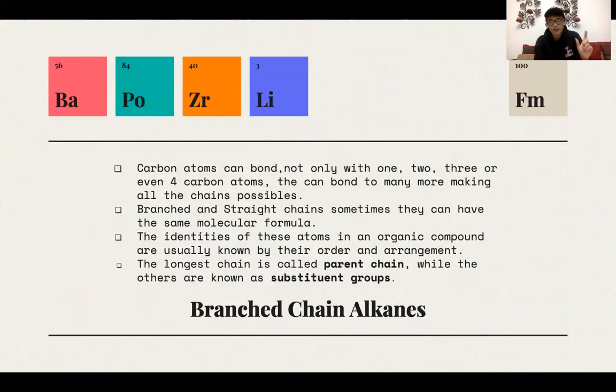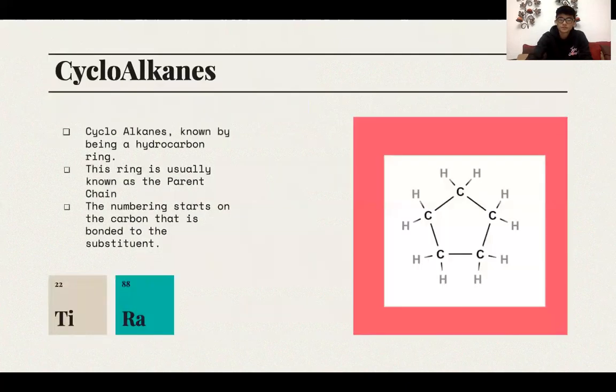And a little tip is that branched and straight chains sometimes have the same molecular formula. The identities of these atoms in an organic compound are usually known by their order and arrangement.